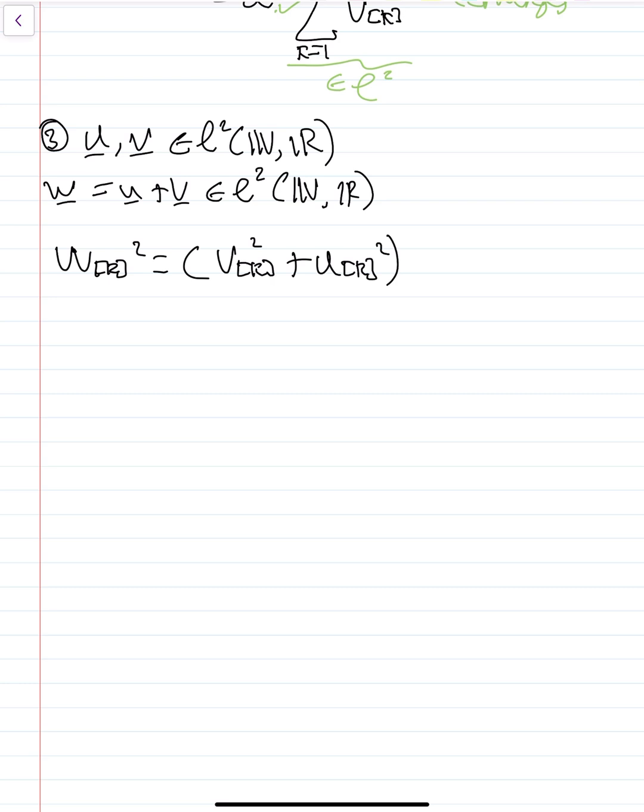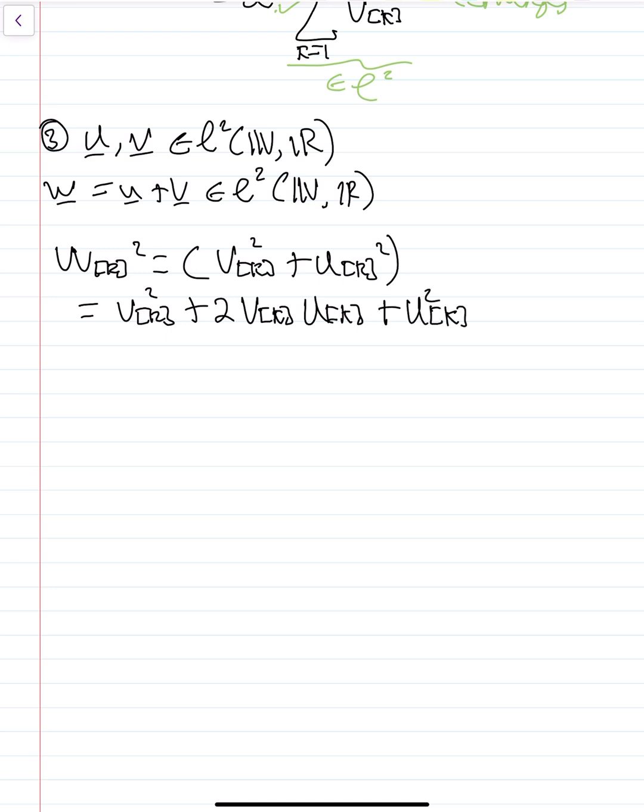And of course, if I expand this, that's just vk squared plus 2 times vk times uk, sorry, uk, not w, plus uk squared. I'm just expanding it.